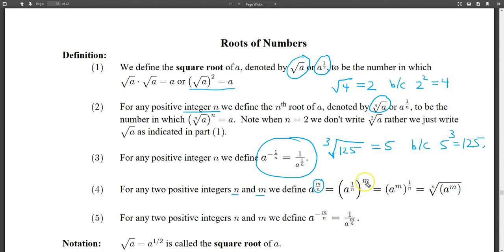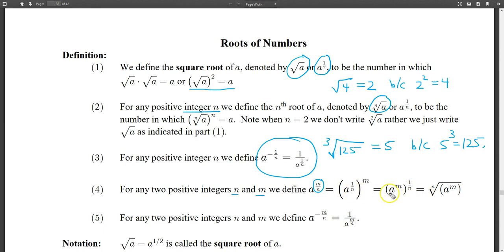Notice if we follow rules of exponents here, this is simply a to the 1/n times m, and we get a to the m over n back again. That's why we define it like this, because if we follow the rules of exponents, we just multiply m times 1/n, and we get this back. And that can also be written like this.